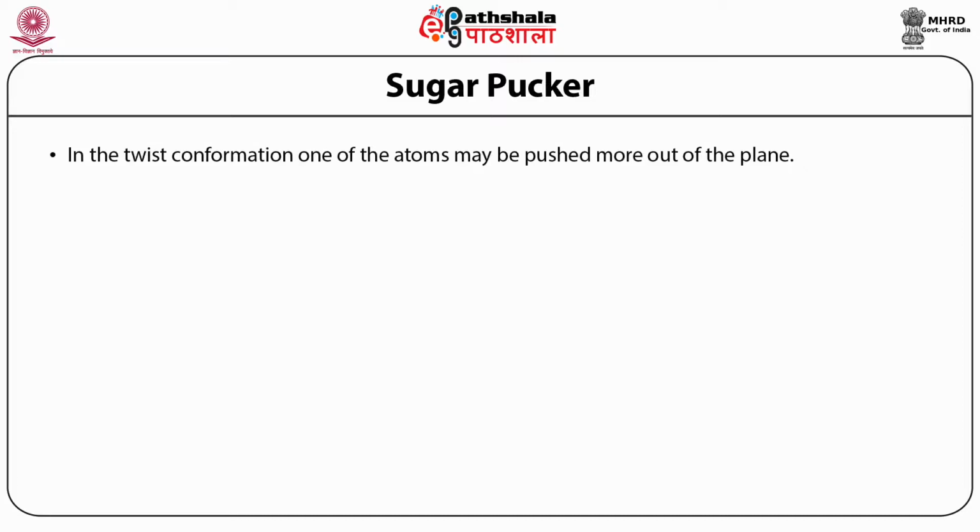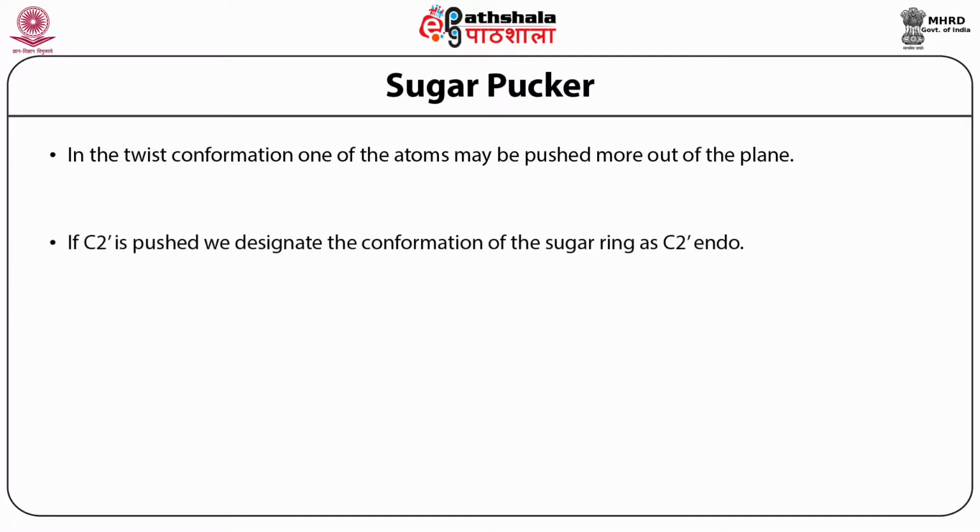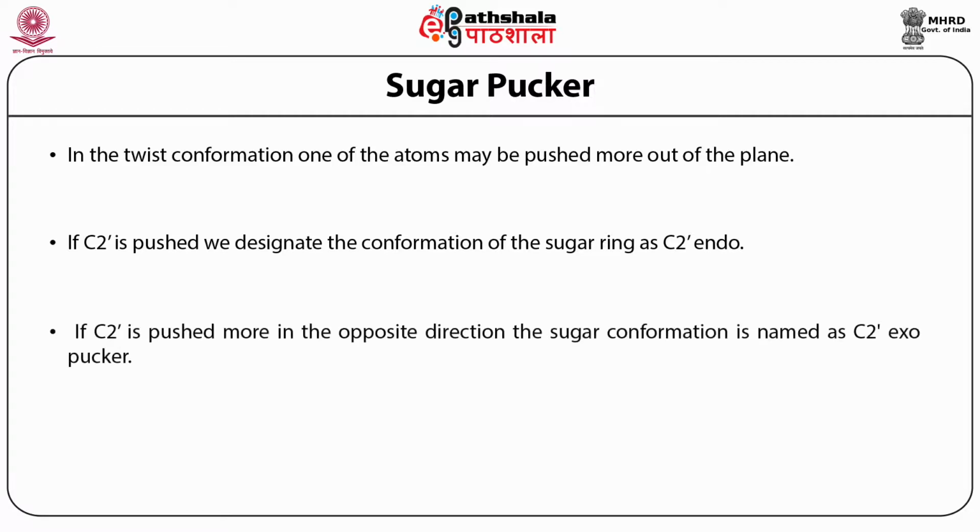In the twist conformation, one of the atoms may be pushed more out of plane. If C2' is pushed more, we designate the conformation of the sugar as C2' endo. If C2' is pushed more in opposite direction, then we name it as C2' exo pucker. Similarly, one can have C3' endo or C3' exo sugar pucker conformation.